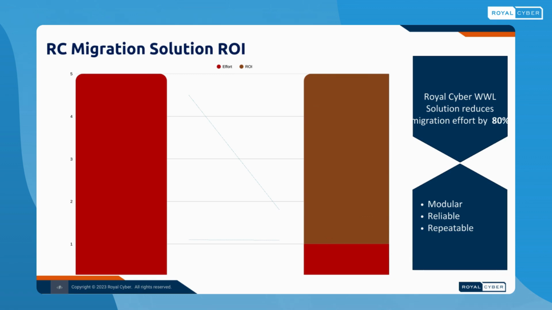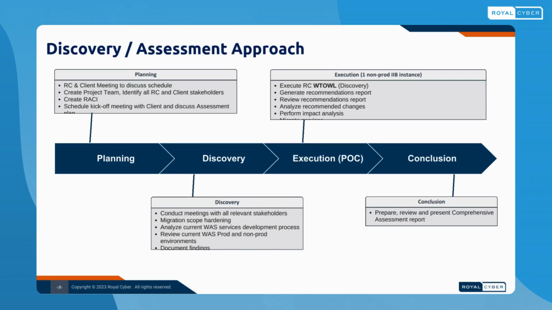Our discovery and assessment approach has 4 phases: planning, discovery, execution, and conclusion. In planning, we meet the client, form the team, identify stakeholders, and align on the assessment plan. During discovery, we analyze current WAS services, review environments, and document findings.